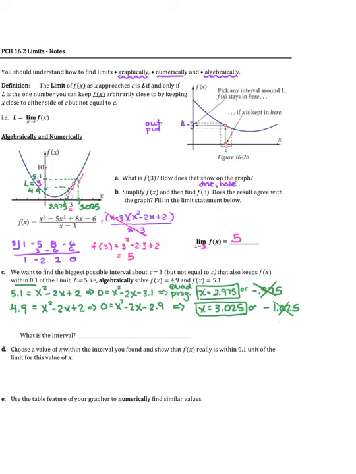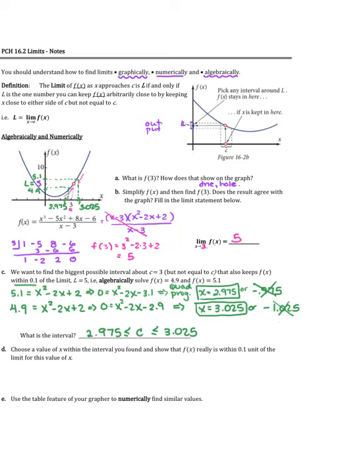And that would be the interval that keeps us within, so if I keep my x values, or I should say my c values, within these two numbers, it will keep anything within 0.1 of my limit.